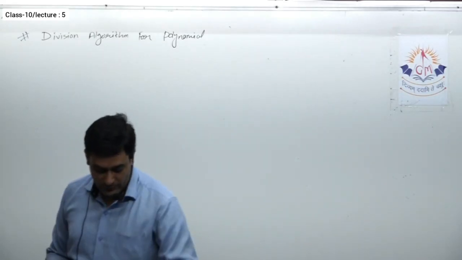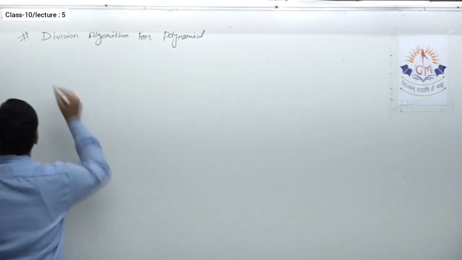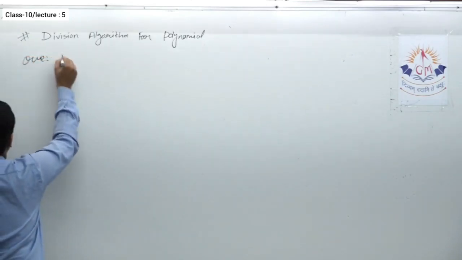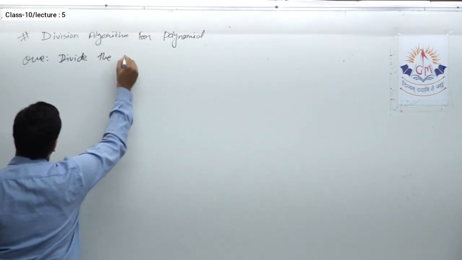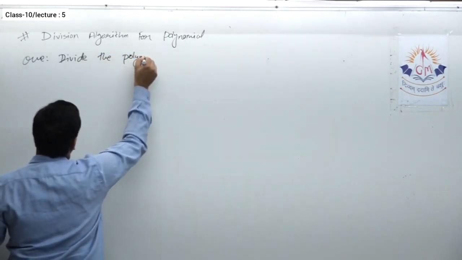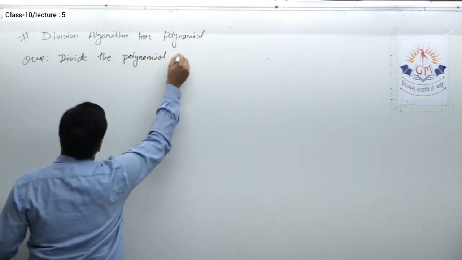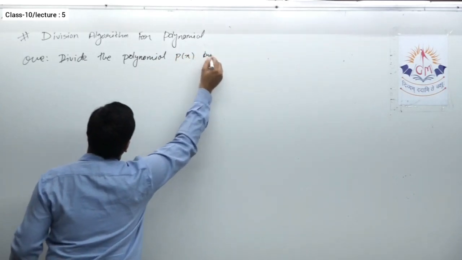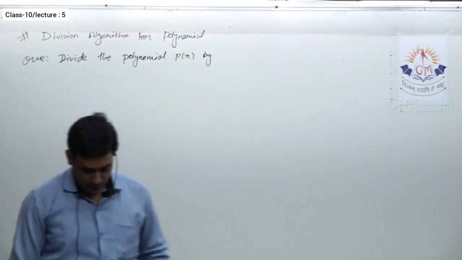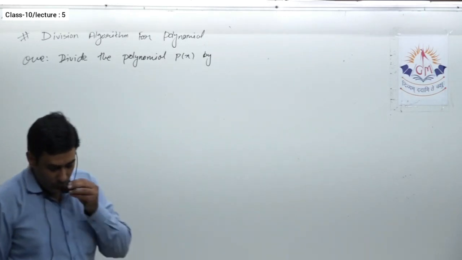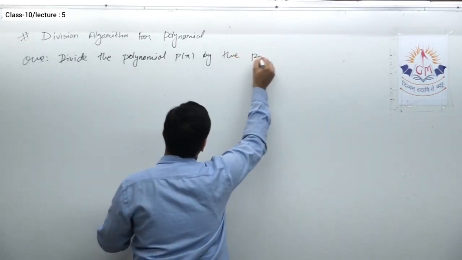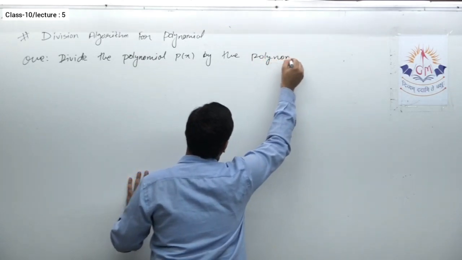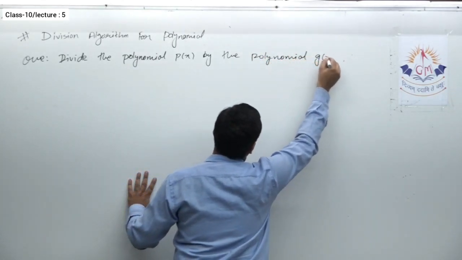So very first question: divide the polynomial p(x) by the polynomial g(x).